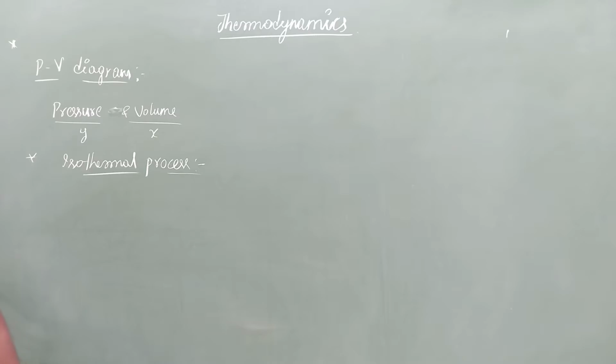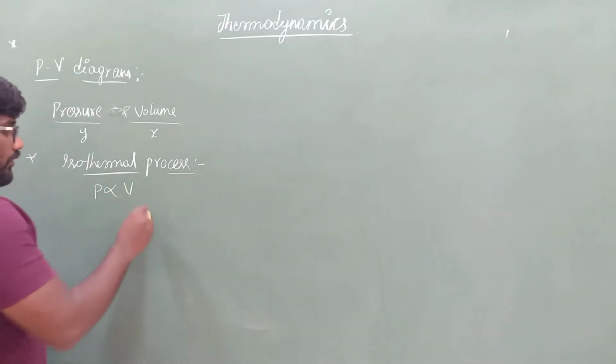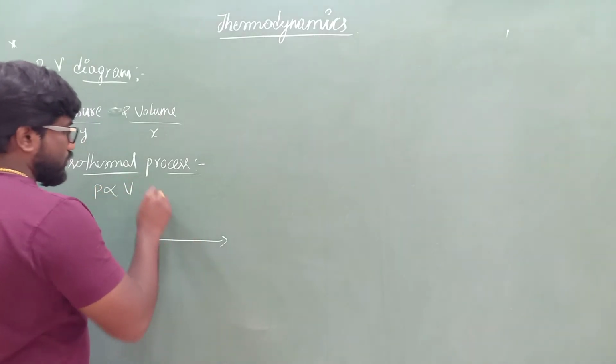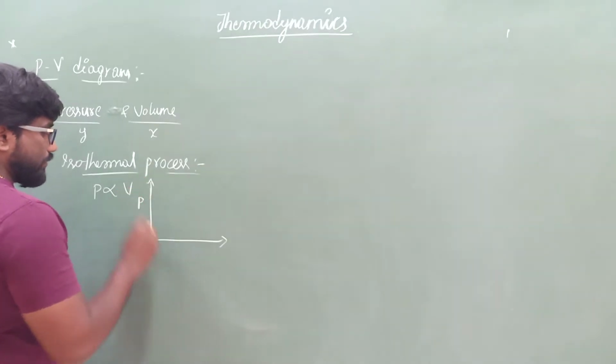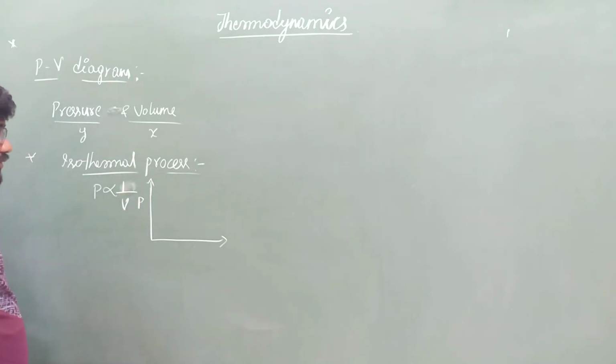If temperature is constant, pressure and volume keep on varying. So P is inversely proportional to V, correct? If I plot the graph of this, you will get a graph like this.